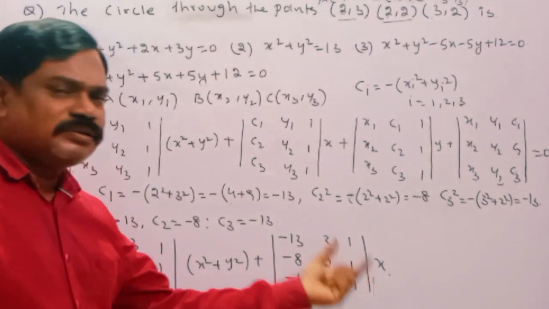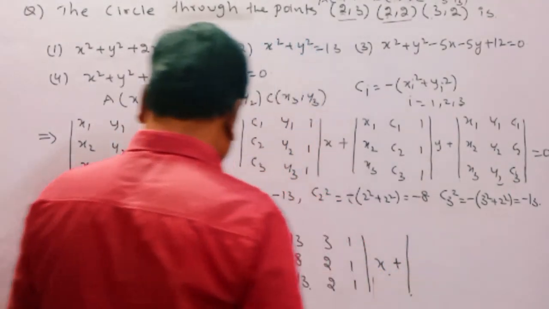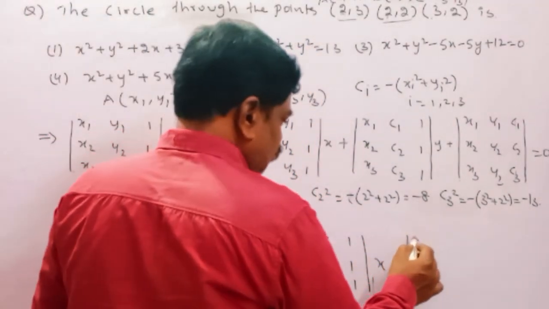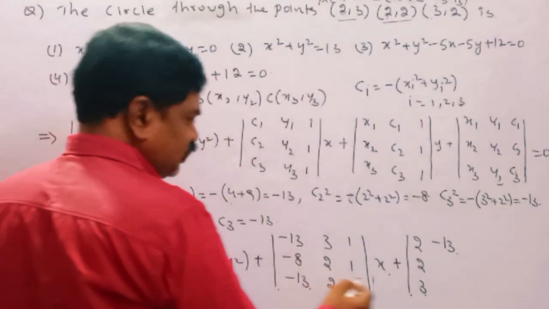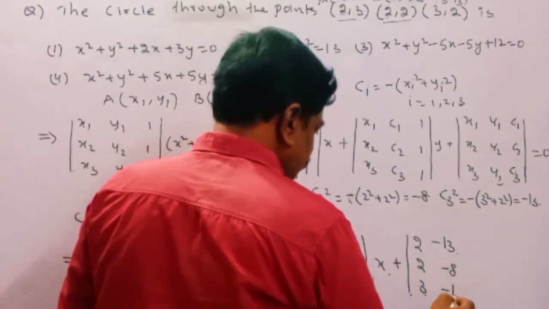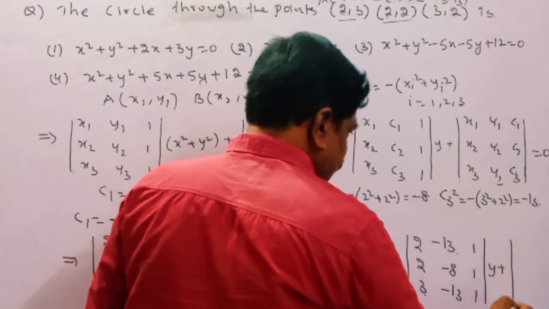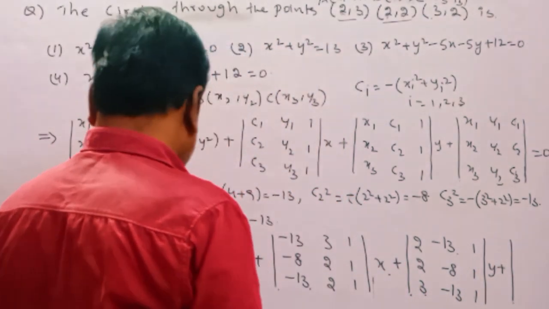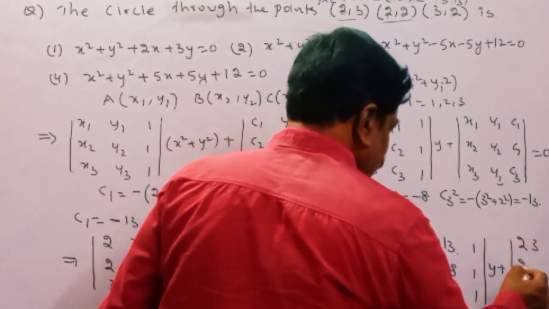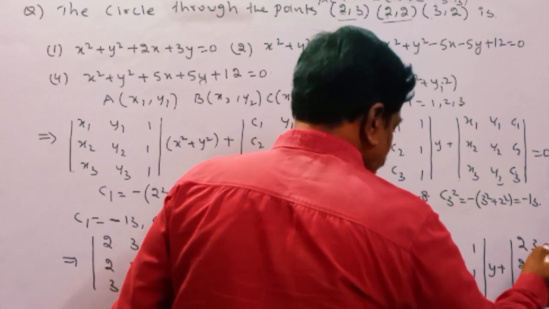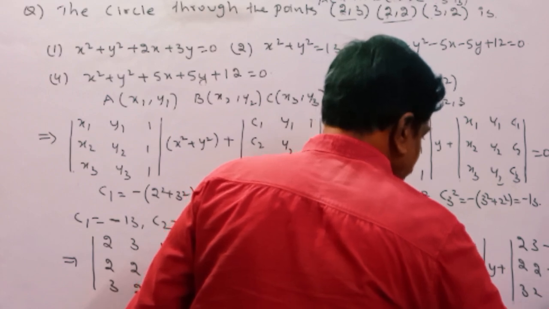Then the y terms: 2, 2, 3, and in place of y terms is the constant C1, minus 13, minus 8, minus 13, 1, 1, 1 into y, plus the constant, which is 2, 3, 3, 2, 3, 2, so 2, 3, 2, 2 and 3, 2 and minus 13, minus 8, minus 13 equal to 0.